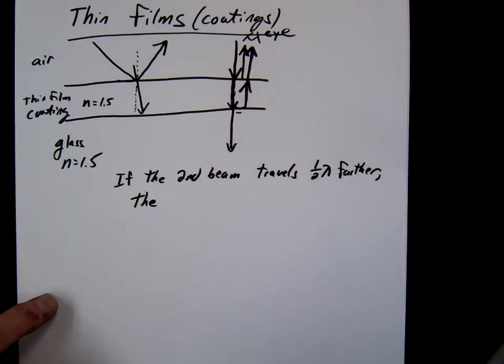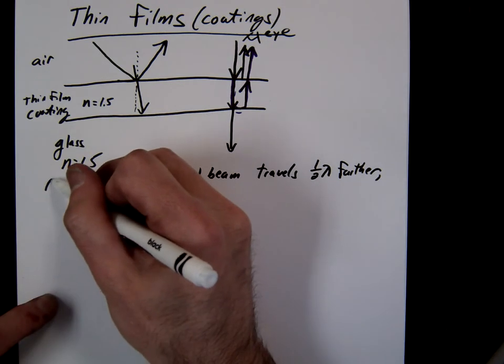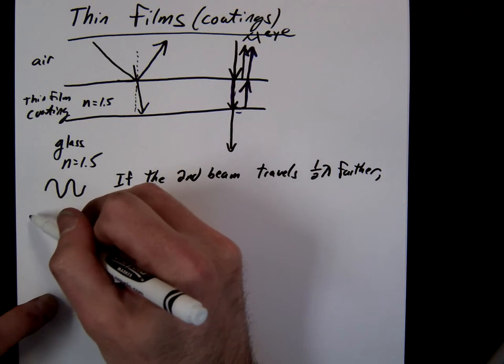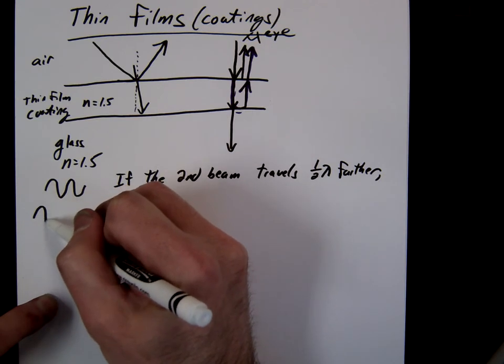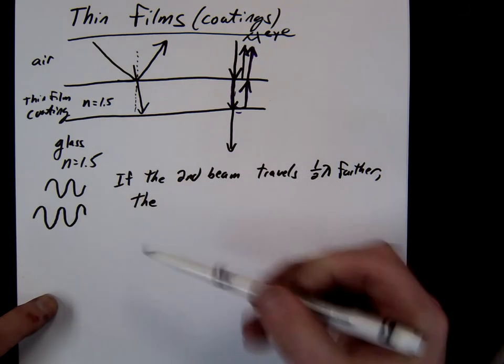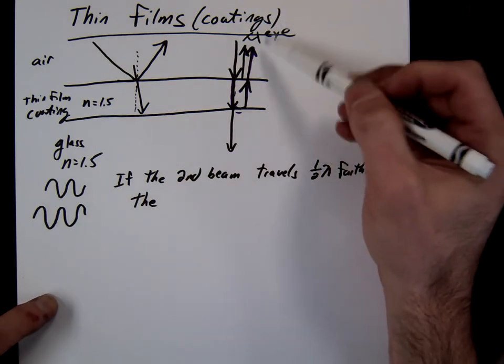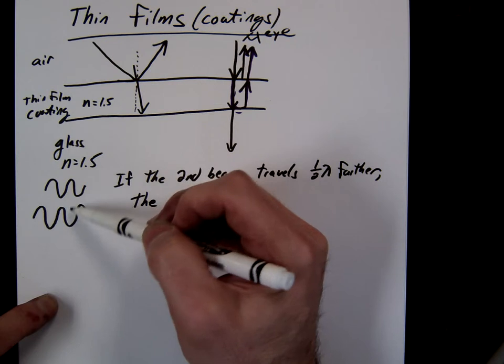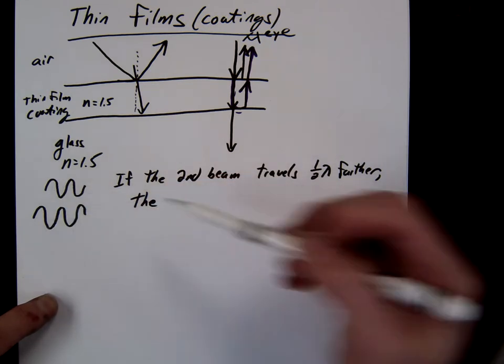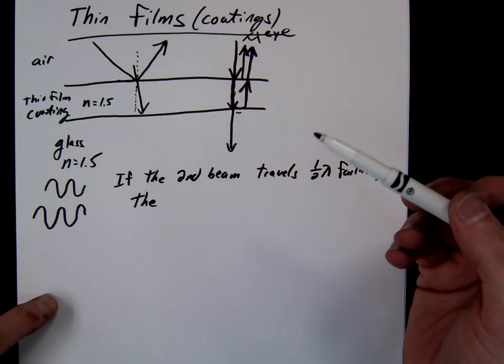What would happen? Beam number 1 travels like this, a certain distance. Beam number 2 travels exactly 1/2 a wavelength farther. So when they come back together in my eyes, what would happen to the two? Crest on trough, trough on crest, what would happen to them? They would destroy each other. Exactly.